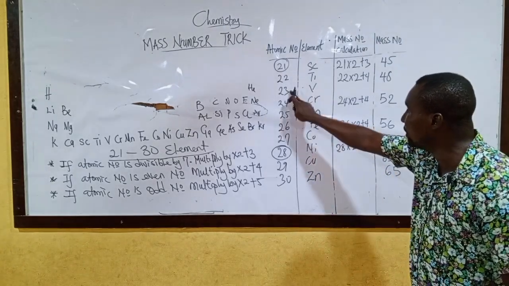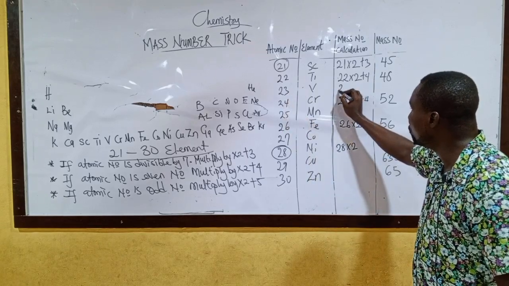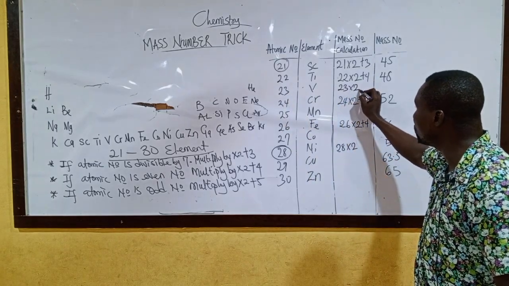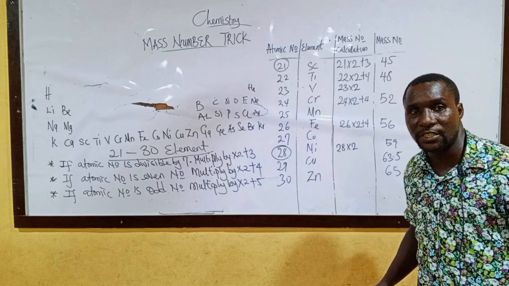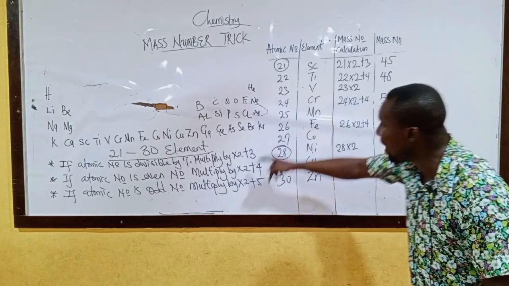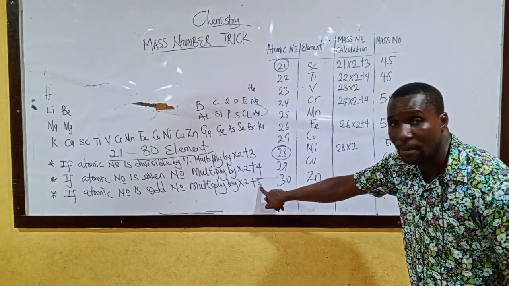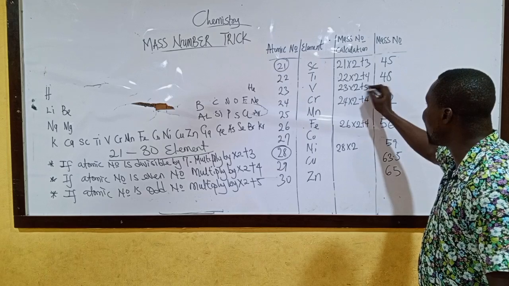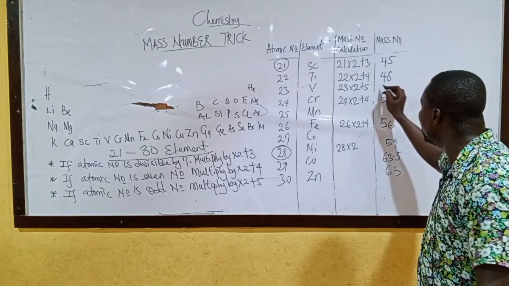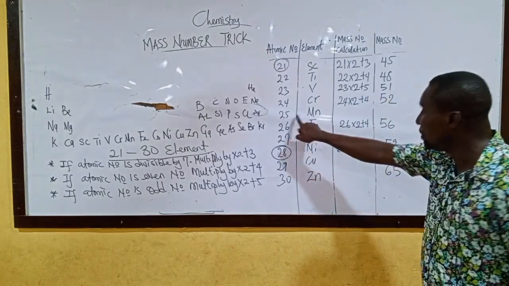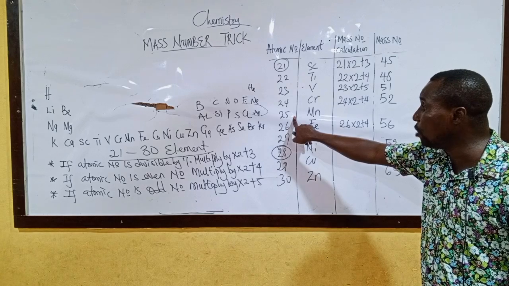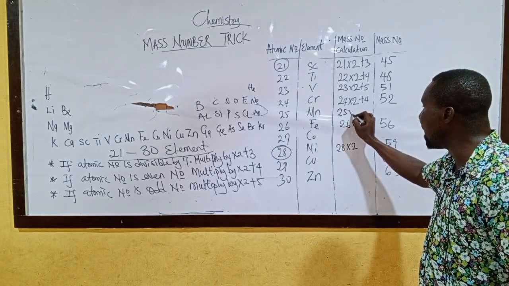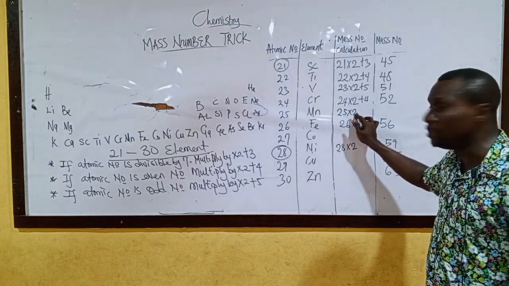Then let's go to the odd numbers. 23 is an odd number. That means 23 times 2 is 46. Plus 5, I say, if it is an odd number, add 5. That is 51. 25 times 2 is 50.